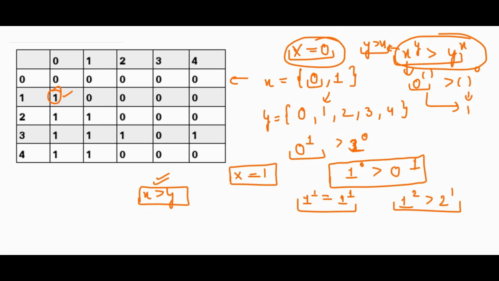And we have y greater than x here, still it is not possible. So these are the exceptions that we have to handle. So there are no pairs which are possible when we have 1 and we have other values other than 0 present in y. Okay, so this is we have to take care of.